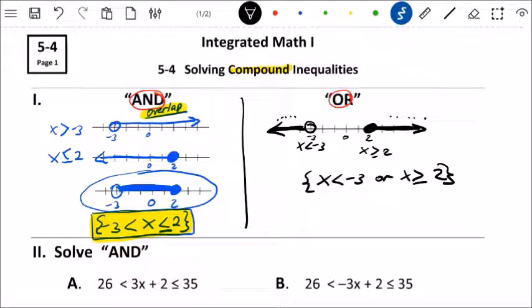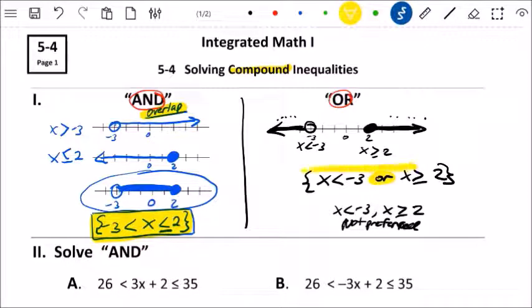It's sometimes shown with a comma between them, but I would prefer not to do that. So instead, we do it with the or statement.